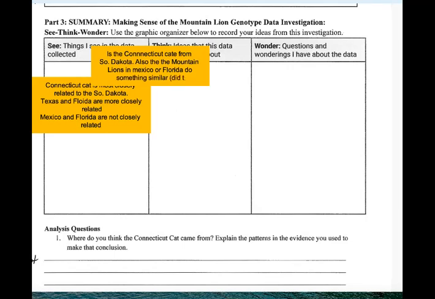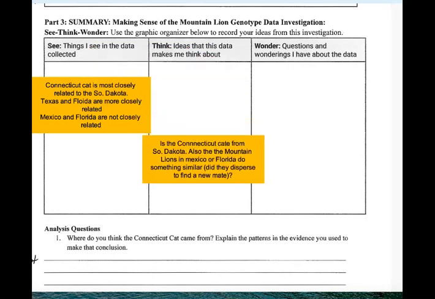Meaning, did they disperse to find a new mate? So that's something there.